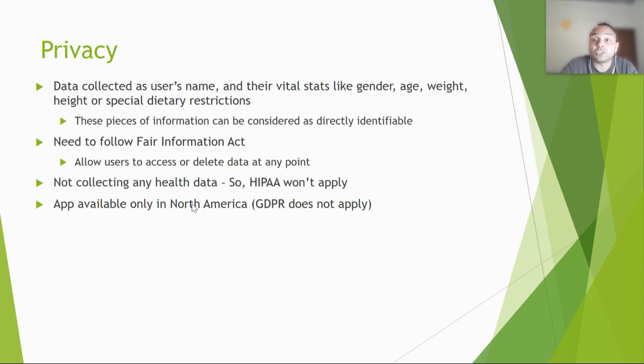I will be following Fair Information Act, meaning that I will have to give users the feature to delete or access their data at any point in time. They can download the data, or they can decide to delete it at any point in time. I don't have to follow HIPAA because I'm not collecting any health data, and I think I'm going to be running this app within North America only, so GDPR would not apply to me.